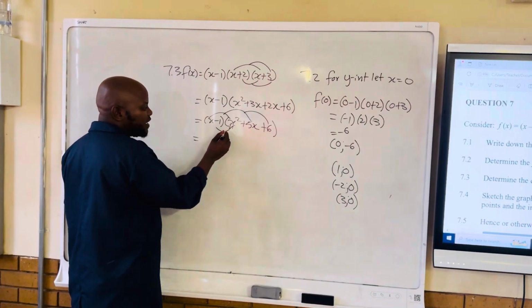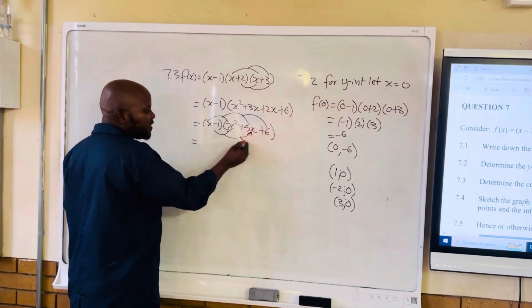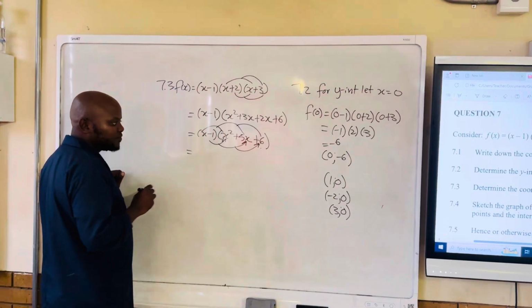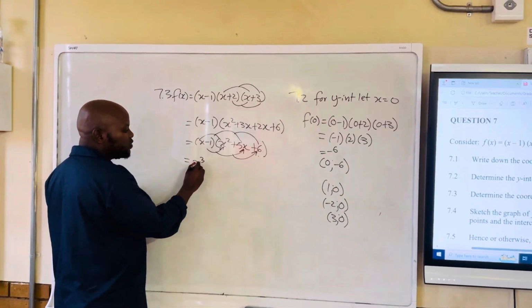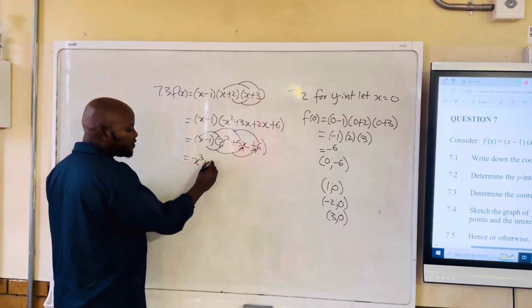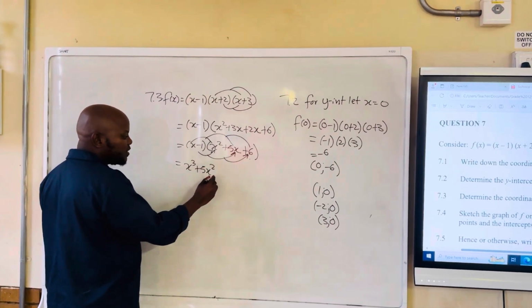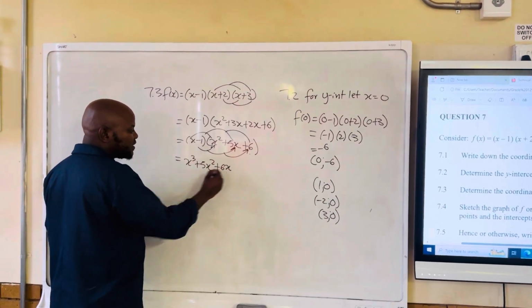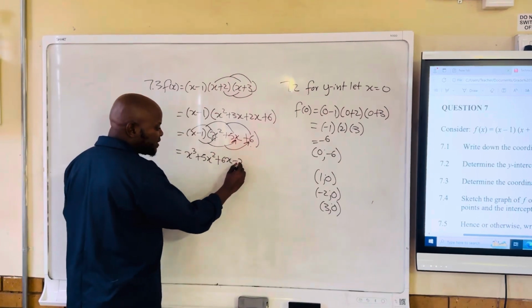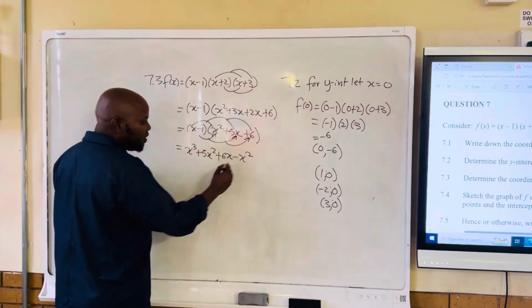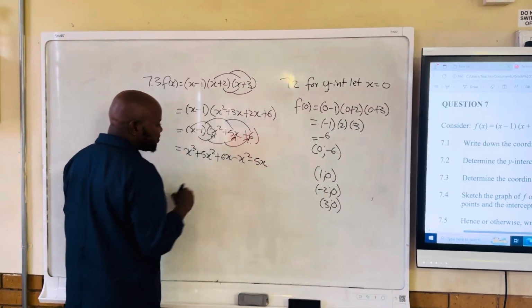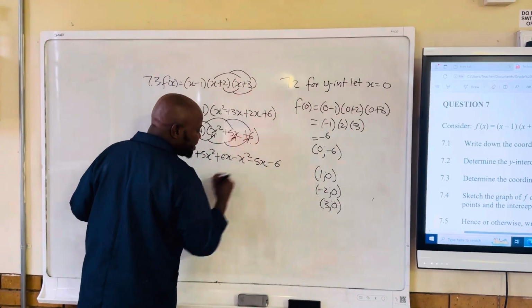And this multiplied by that, this multiplied by that, and this multiplied by that, which gives you x cubed plus 5x squared plus 6x minus x squared minus 5x minus 6.